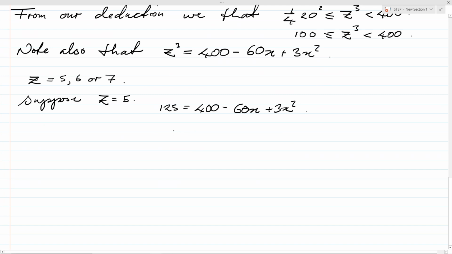Now, if we simplify it out, we're going to get 0, 3x squared, subtract 60x, and then 275.